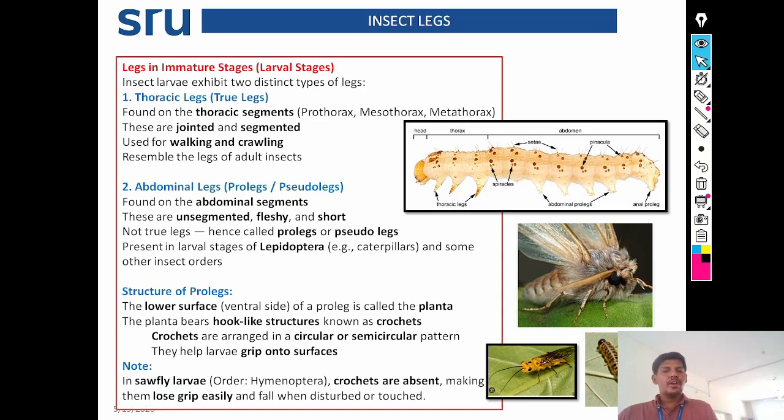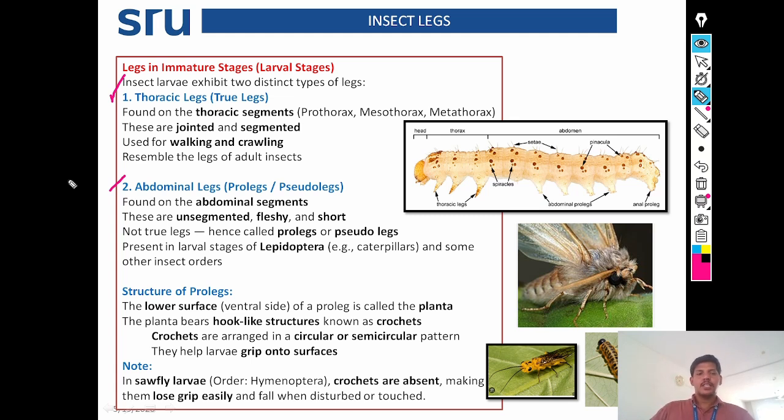So those are the modifications of various kinds of legs in various insects based on their habitat. Let's see legs in immature stages of insects, that is in larval stages. Insect larvae exhibit two distinct types of legs: thoracic legs, and second, abdominal legs.